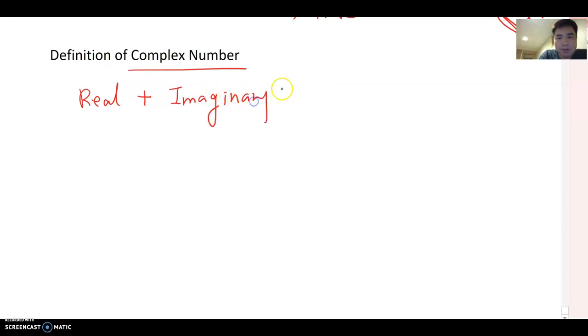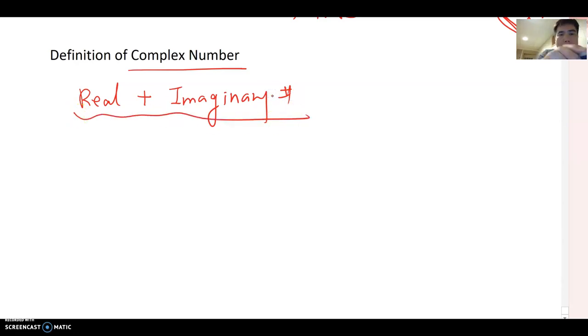Okay, then let's look at the definition of a complex number. Now we can talk about it. A complex number is a real value plus an imaginary number.